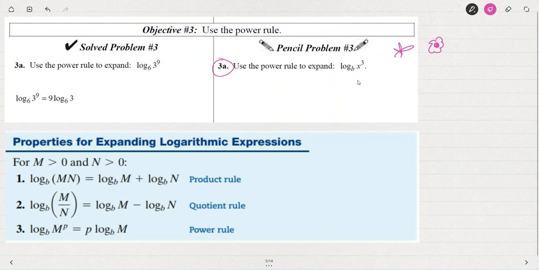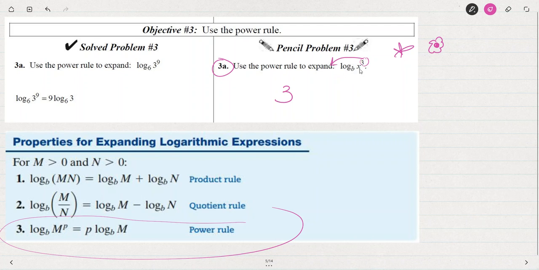But here's how this one works, the power rule of logs. What happens is when we have log base b of this value x raised to a power, it's like ripened fruit on a tree. It just falls right off. It's just ripe to fall. You don't even have to pick it. It just falls right down to the front.